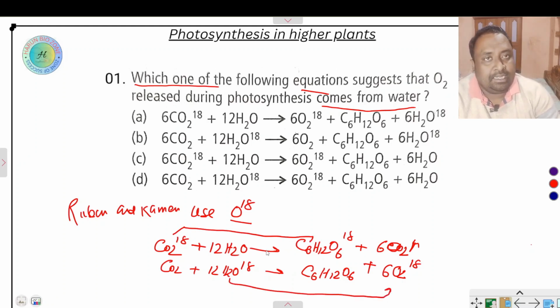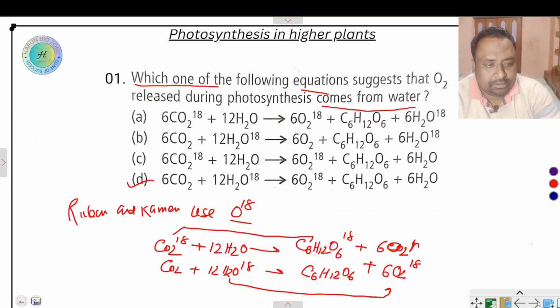So they decided that oxygen is produced from H2O. Here the correct option is D.